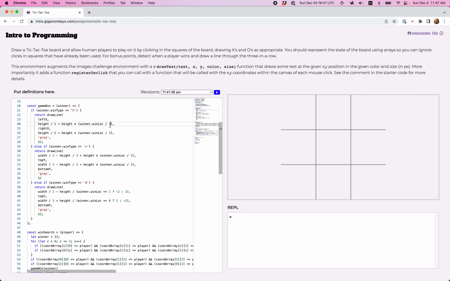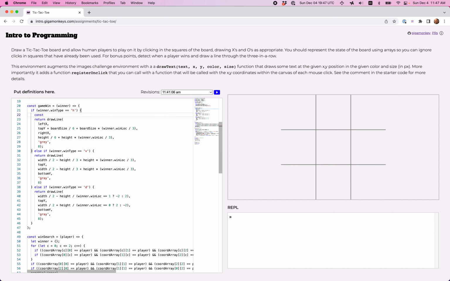So really height is board size divided by 6, and that's board size, and then this whole thing is top y plus that. And so I'm going to break out a constant, which is y.